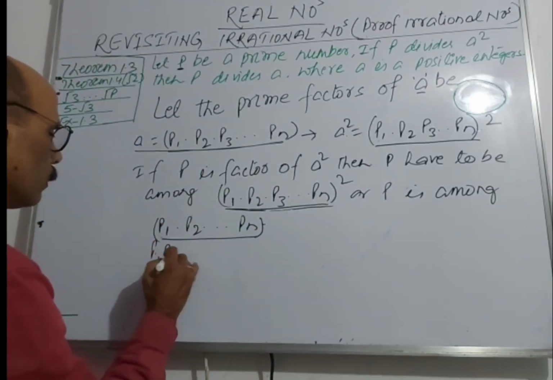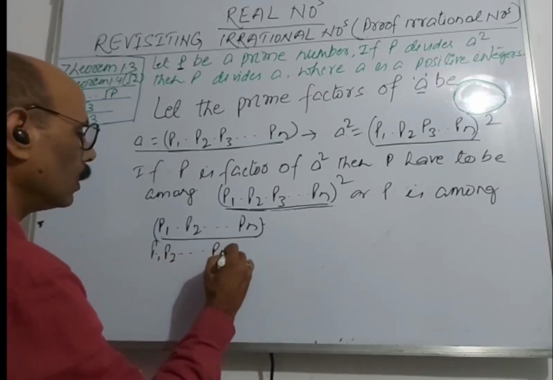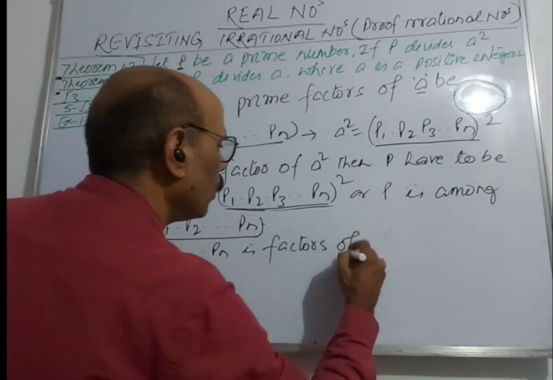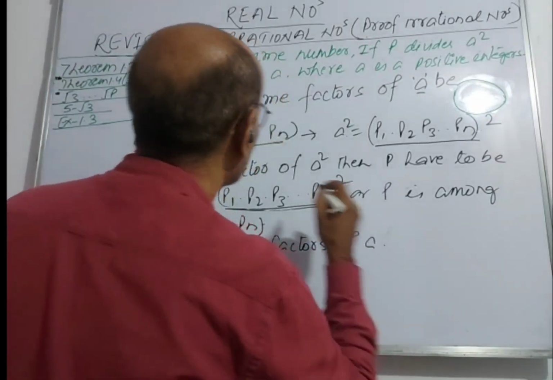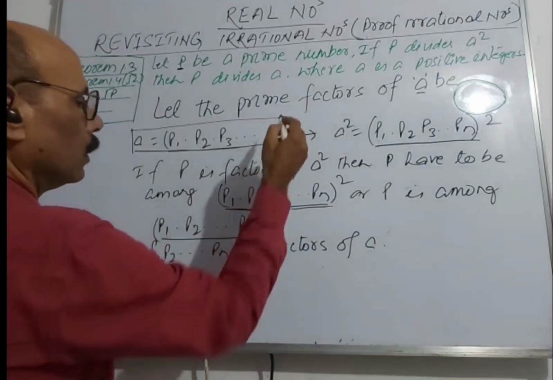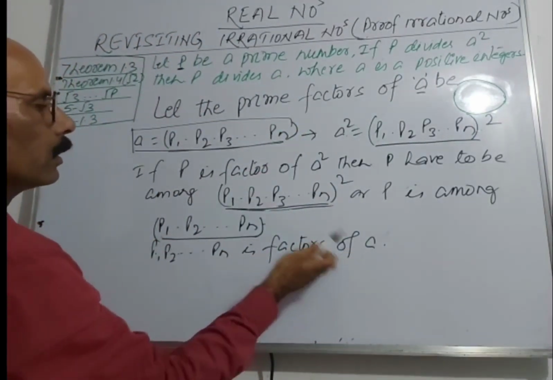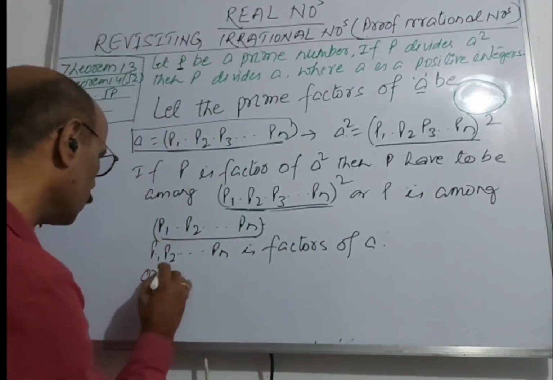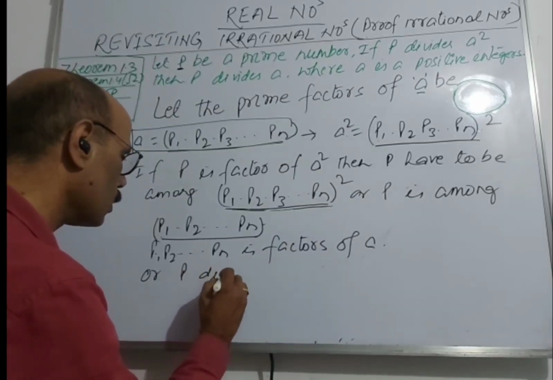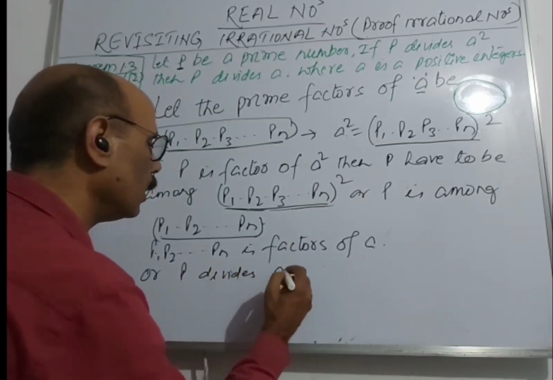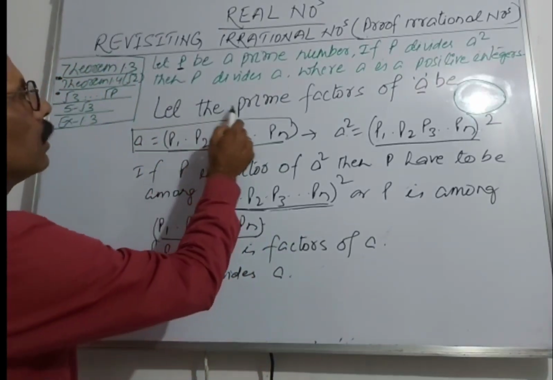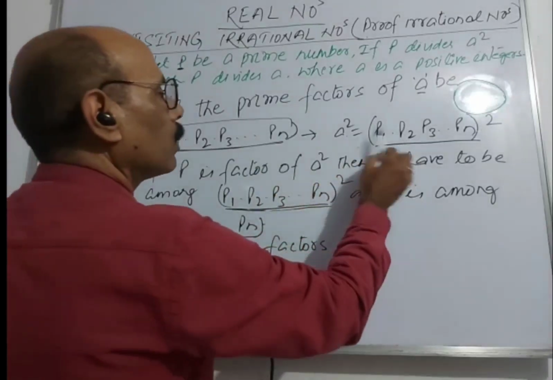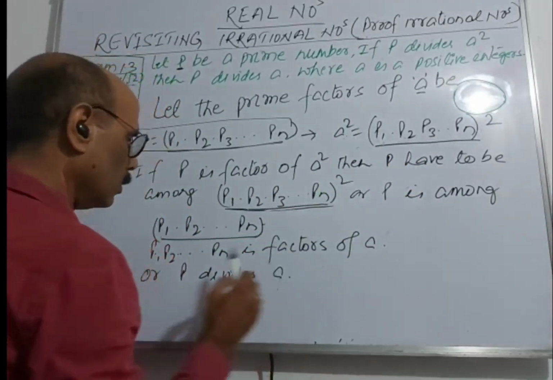P1, P2 up to Pn are factors of A. So P is a factor of A means P divides A. That means if P is a prime factor of A square, then P was part of A square, and P is part of A also.